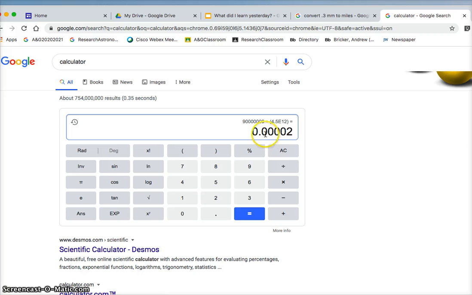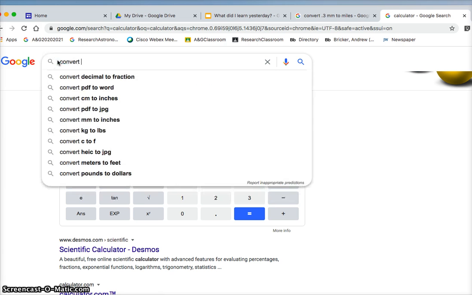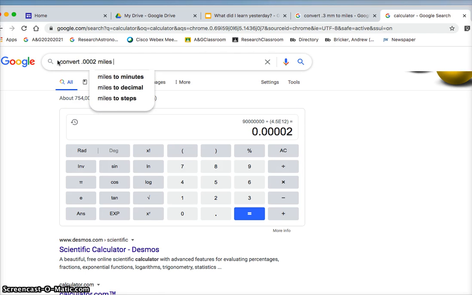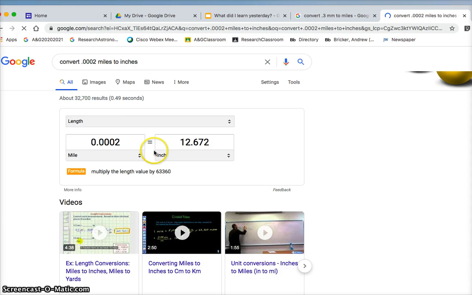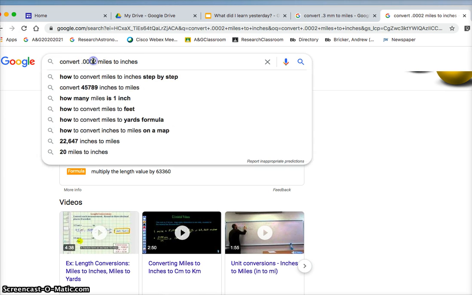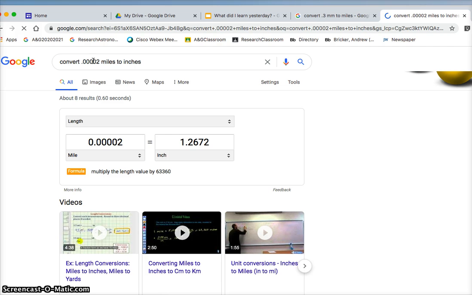So we're going to take 0.00002 miles and convert it to inches like this. Uh-oh, I left one of the zeros out. There we go. And it's 1.2 inches. So in our model, the Earth is going to be 1.2 inches from that grain of salt.